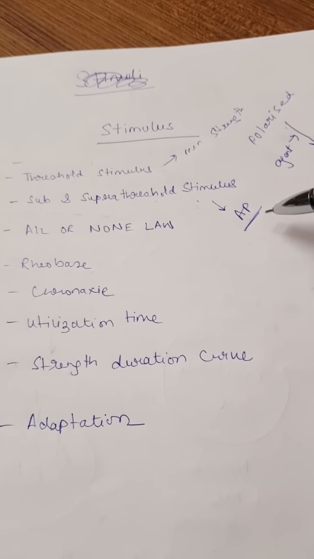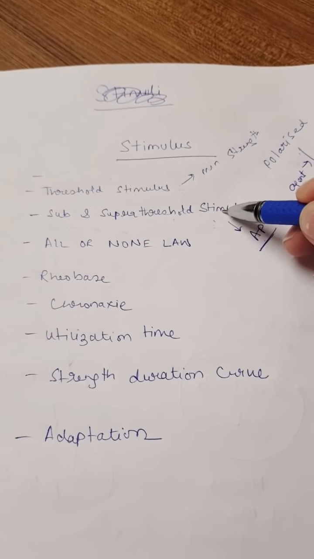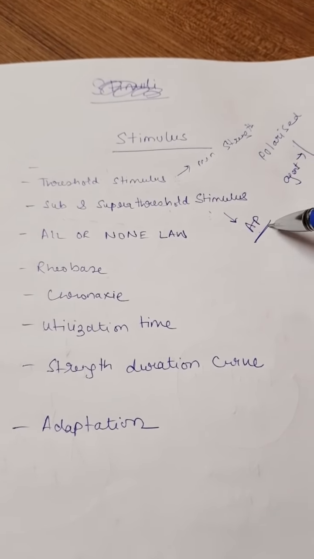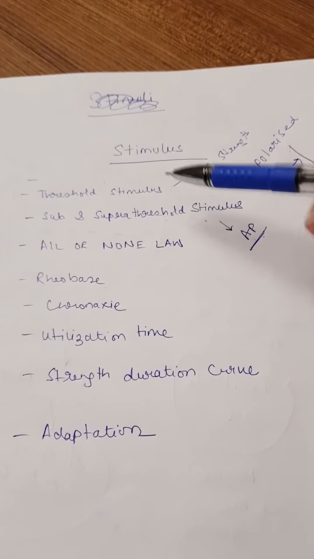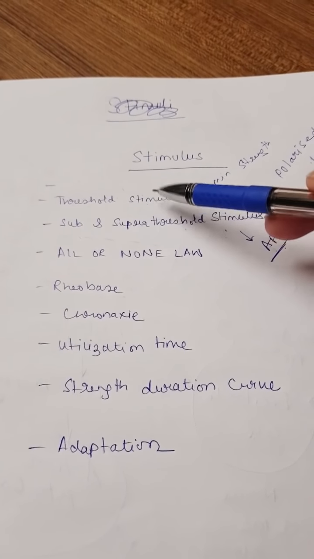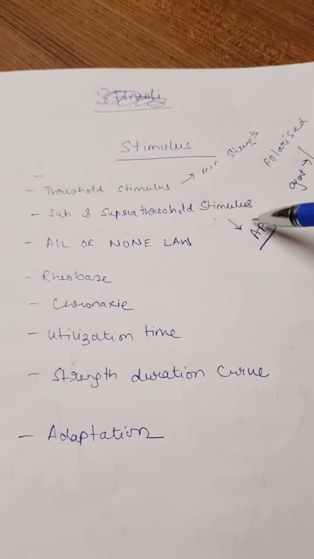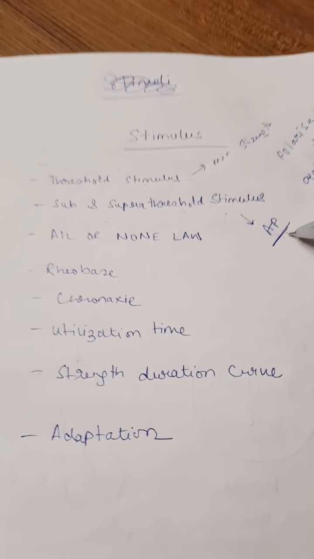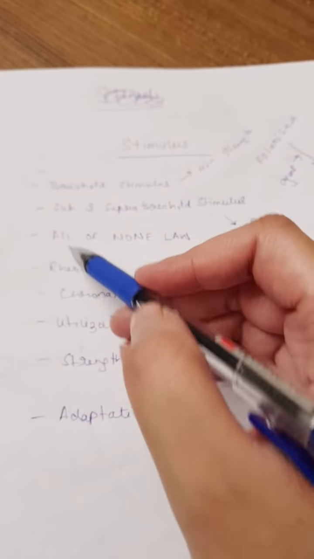Okay, so what does it mean? The supra-threshold stimulus will produce an AP, but this AP will not be any different from the action potential produced by a threshold stimulus. No matter how much we increase the strength of the stimulus beyond the threshold stimulus, the action potential remains the same. So this is basically the all or none law.